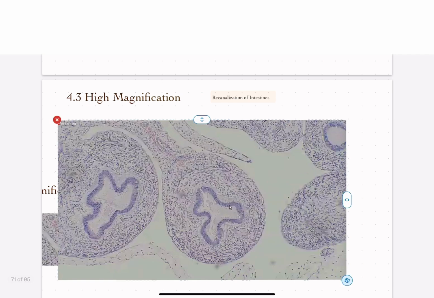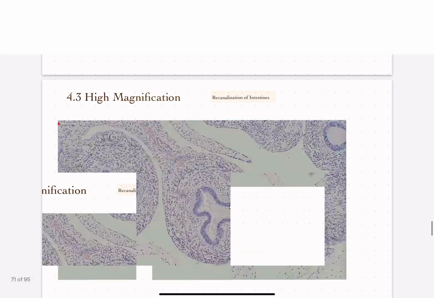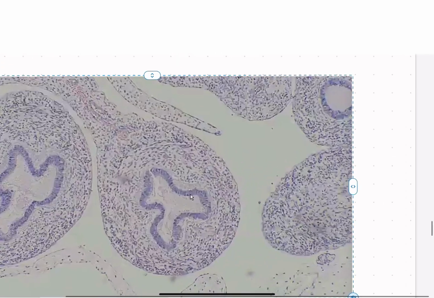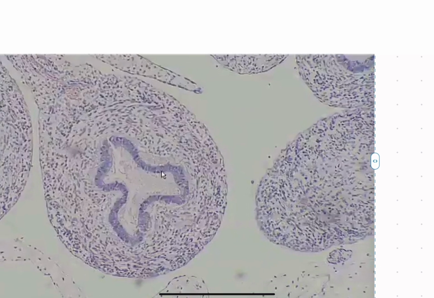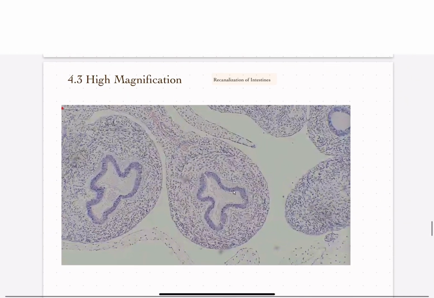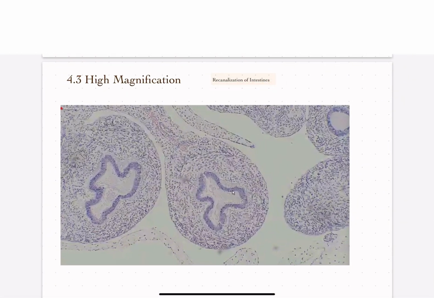And then zooming in, okay, we can see that in the middle of these, there is something going on here in the middle, right? See that the lumen isn't completely clear. Then we know it's the recanalization of intestines. If you just wrote in intestinal loop, I'm sure you would gain points for that.